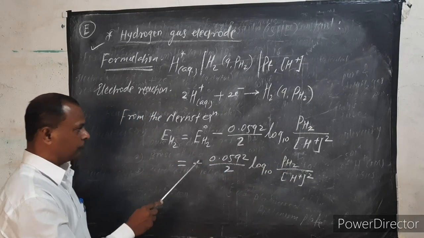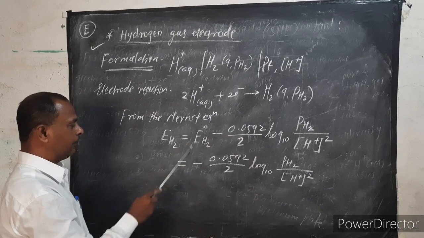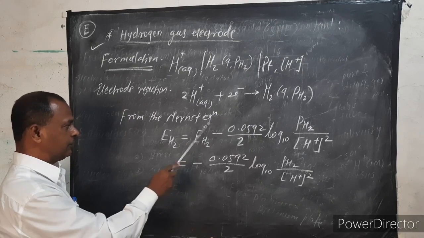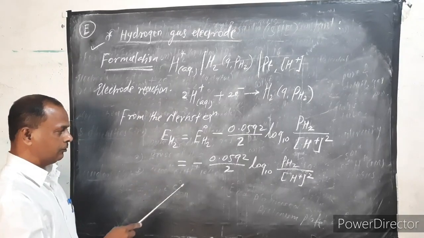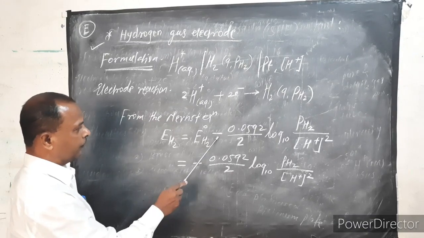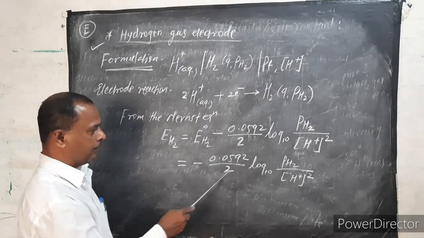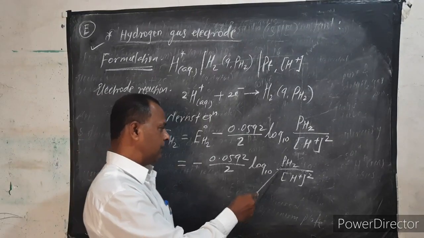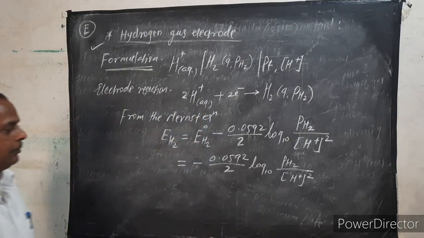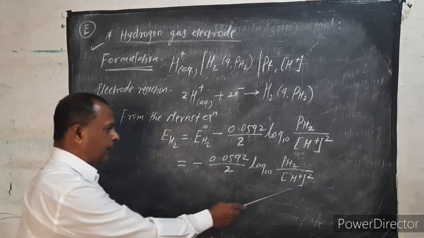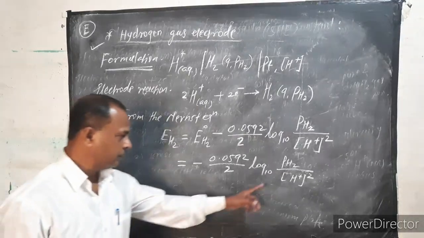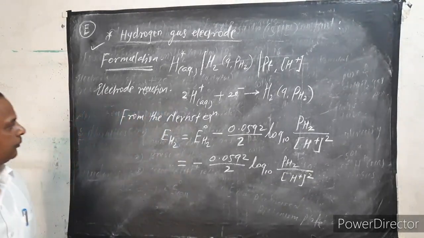We know that the standard hydrogen electrode potential is 0, and therefore only the remaining term is left: minus 0.0592 divided by 2 log to the base 10 of the pressure of H2 divided by the H plus ion concentration raised to power 2.